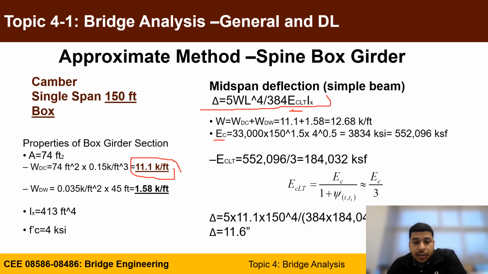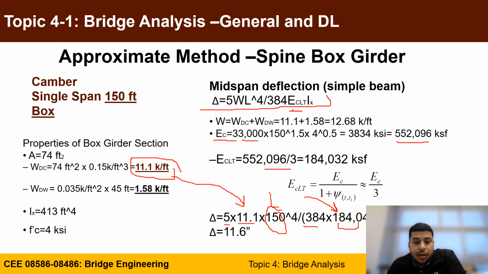If you use the EC equation from AASHTO, you get around 3834 KSI. If you convert it to KSF, it's around 552,096 divided over 3, which gives you almost 184,000 KSF. You use the equation: 5 is from the equation, 11.1 is the DC load, 150 is the span length L, 384 is the equation factor, and this is the E long term.